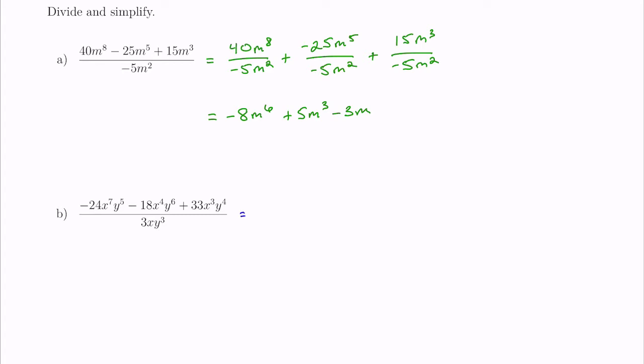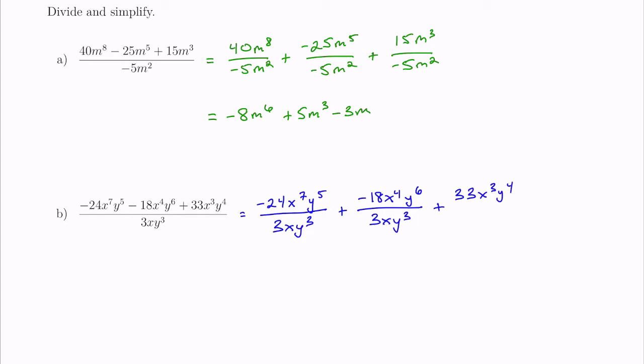So we'll end up with negative 24x to the 7th y to the 5th over 3xy to the 3rd, plus negative 18x to the 4th y to the 6th, all over 3xy to the 3rd, plus 33x to the 3rd y to the 4th, again, over 3xy to the 3rd.